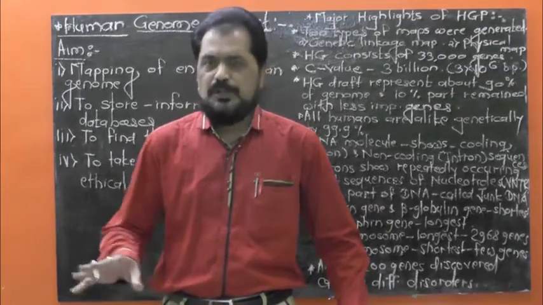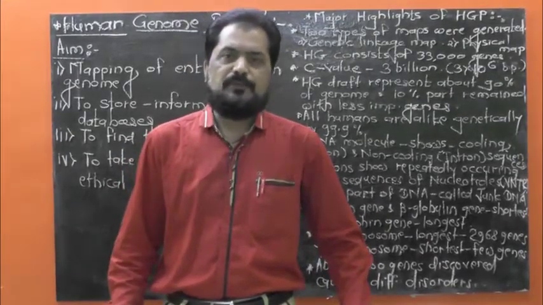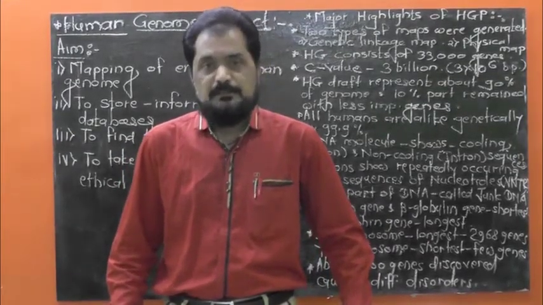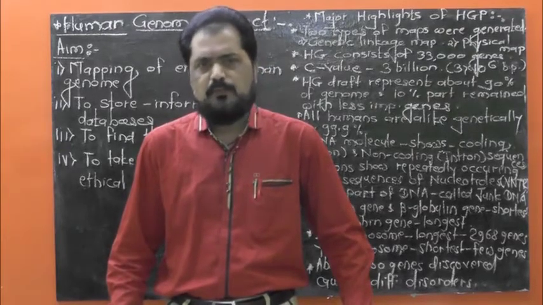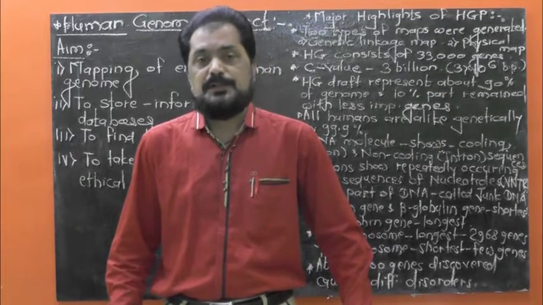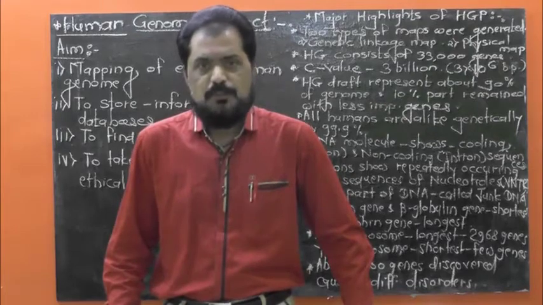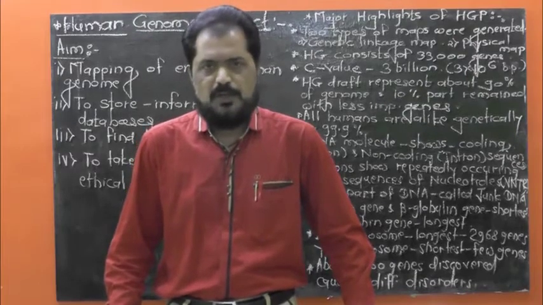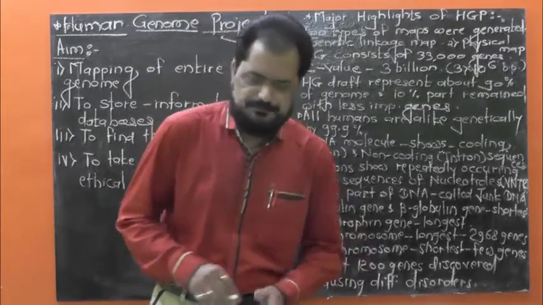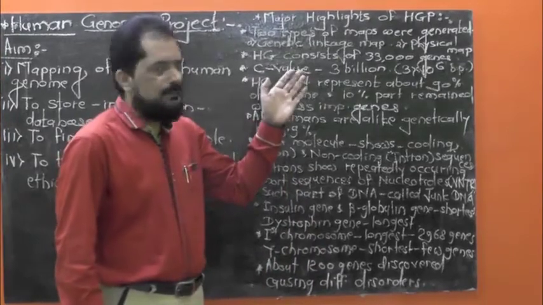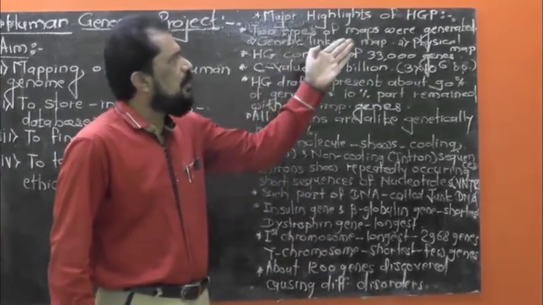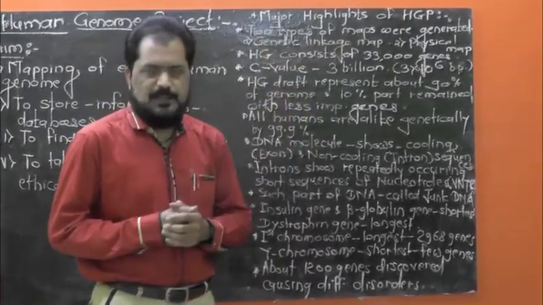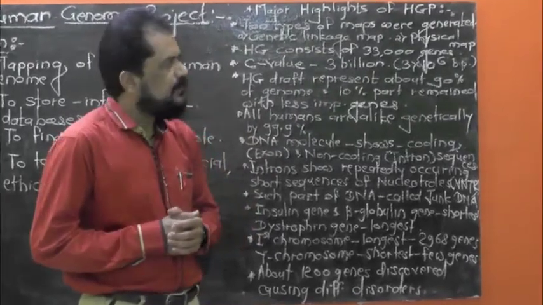Now, through this Human Genome Project, so many different facts came into light, but here we have to study some of the important highlights. Here I have written some of the major highlights of the Human Genome Project. Let us talk about each one by one.